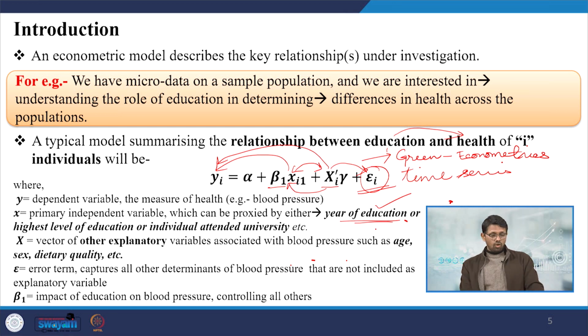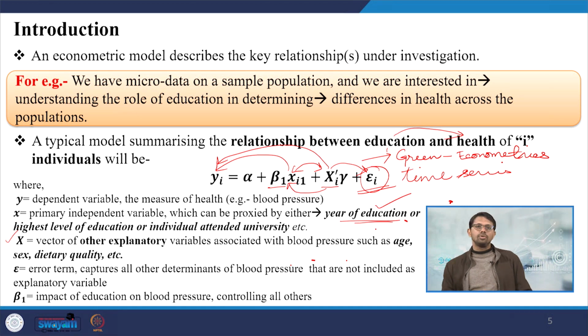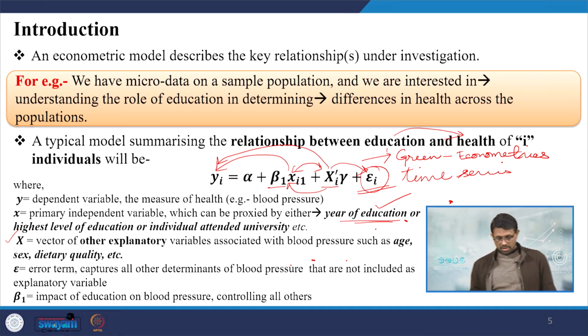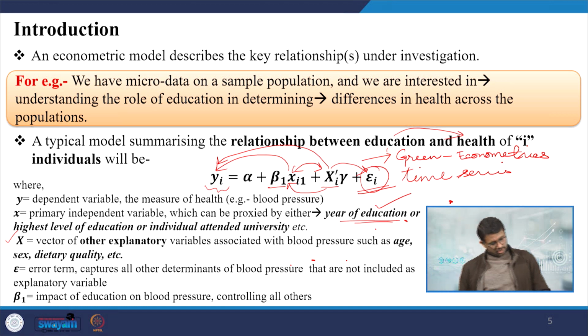So, let us emphasize at this moment x prime, the capital X, which is the vector of other explanatory variables associated with blood pressure, such as age, sex, dietary quality, etc. Since our purpose is to discuss y hat, the estimated value of y is also dependent on the dietary quality, the sex, the age of the person and other demographic features as well.